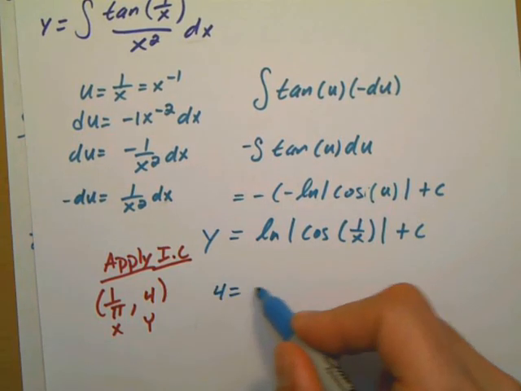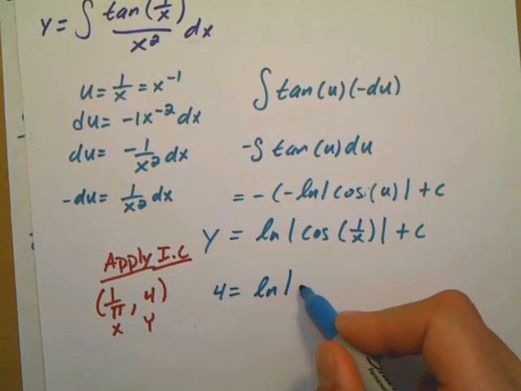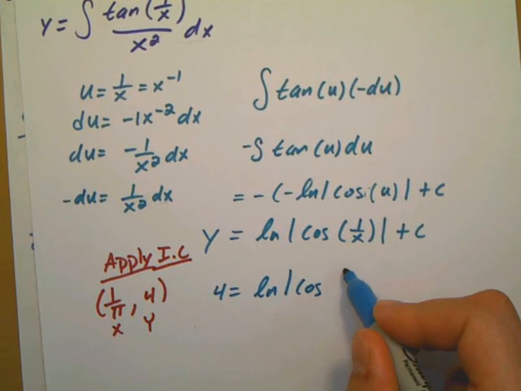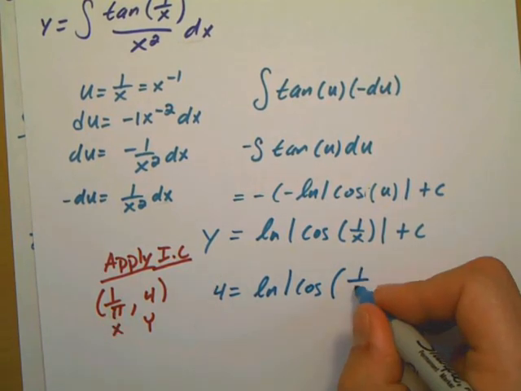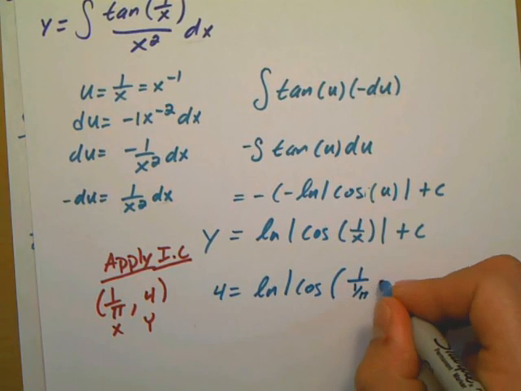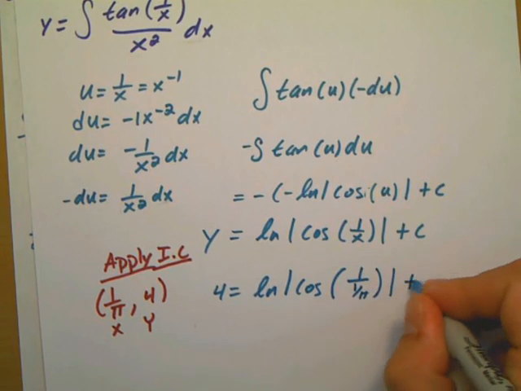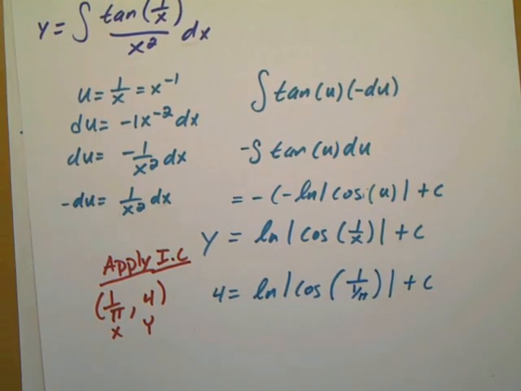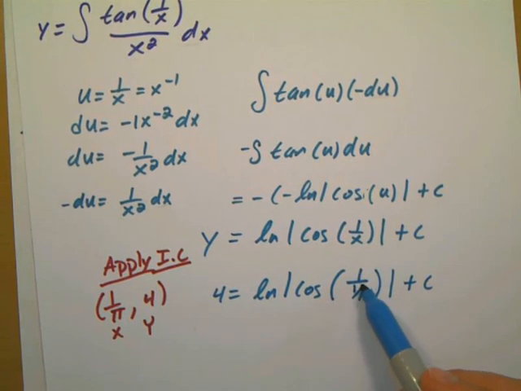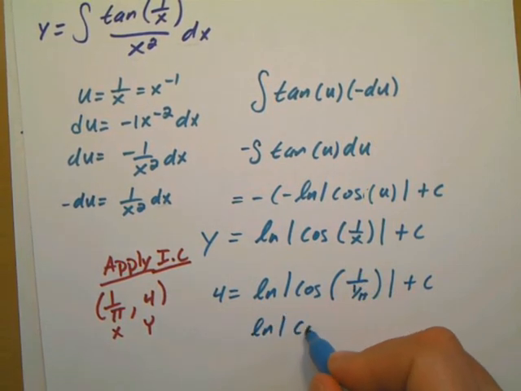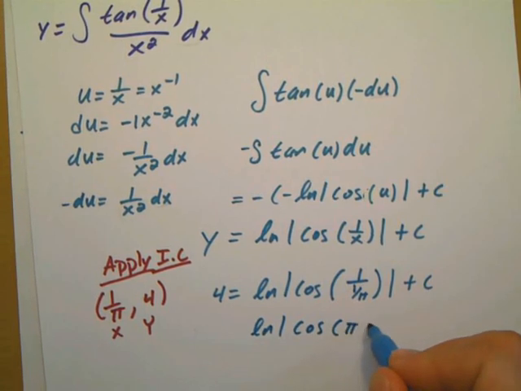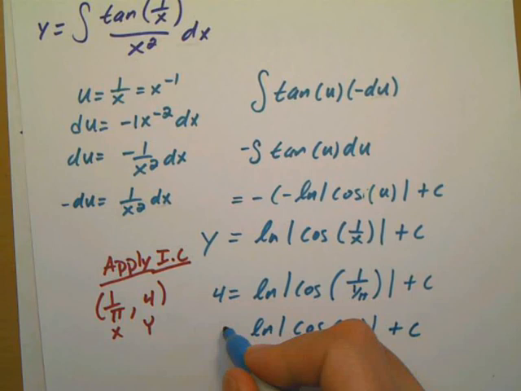So it's going to be 4 equal to ln, absolute value, cosine of 1 over, and the x value is 1 over pi, plus c. And this is going to be kind of weird. I have 1 divided by 1 over pi, which just reciprocates to cosine of pi, plus c.